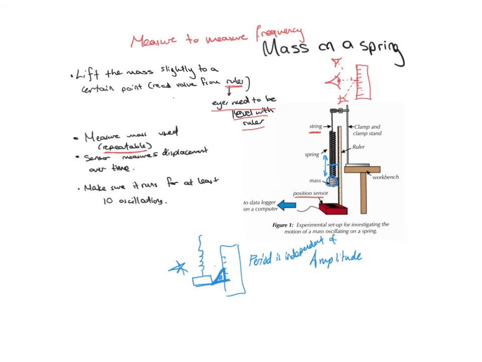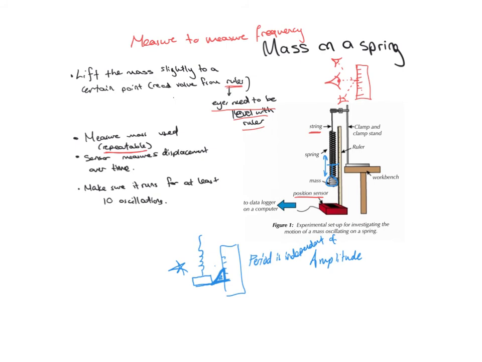Like I said before, you can use this exact same system to investigate how different variables can affect the time period of an oscillation, but make sure that you only change one variable at a time while keeping everything else fixed, and repeat the experiment for each different value of the independent variable you're investigating.